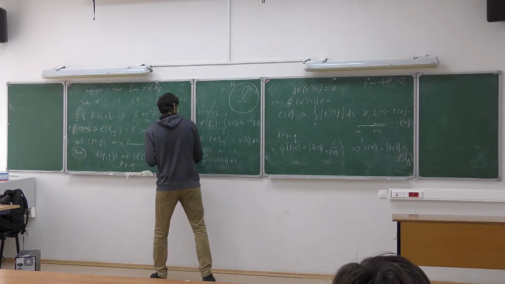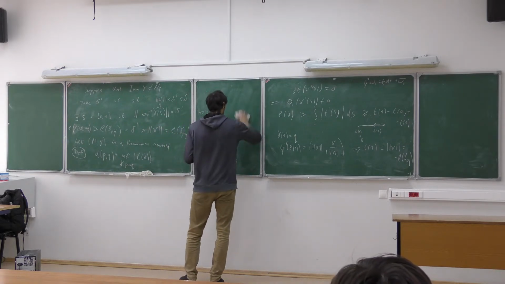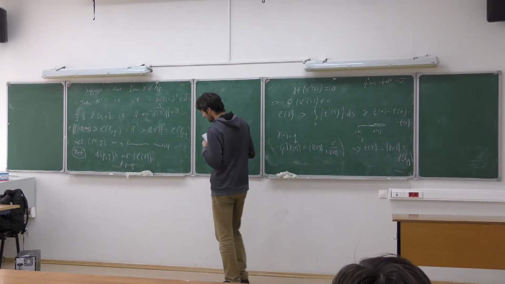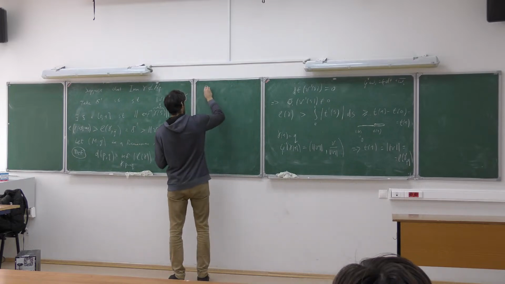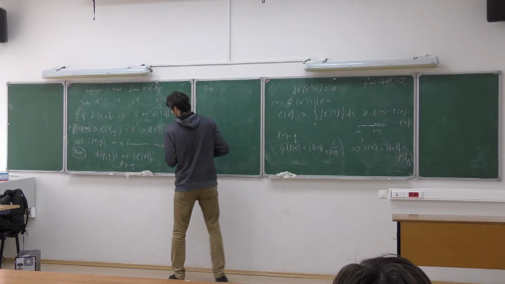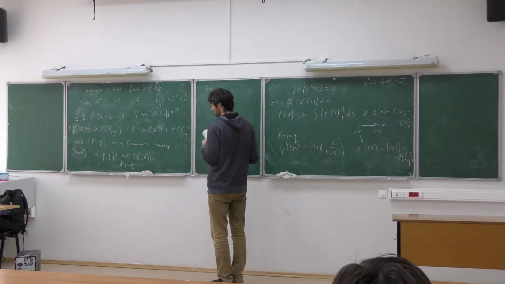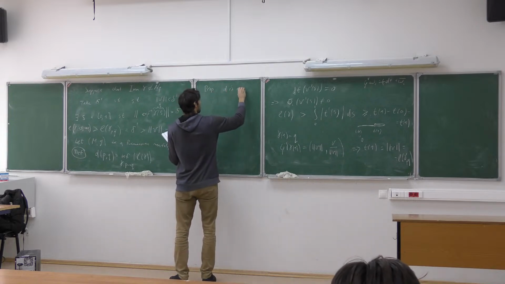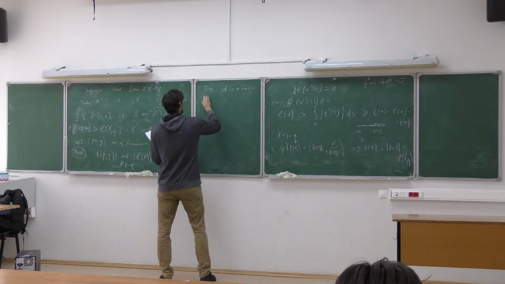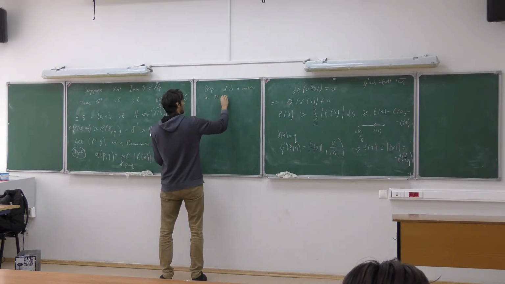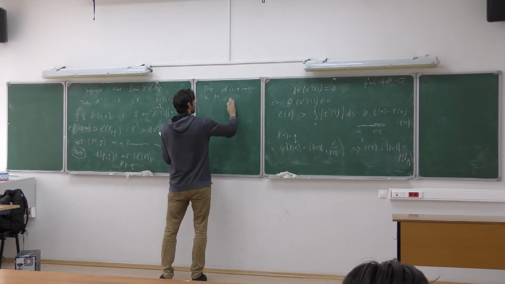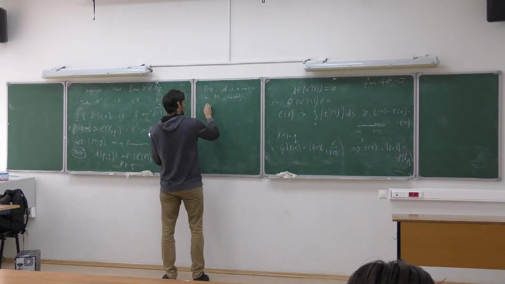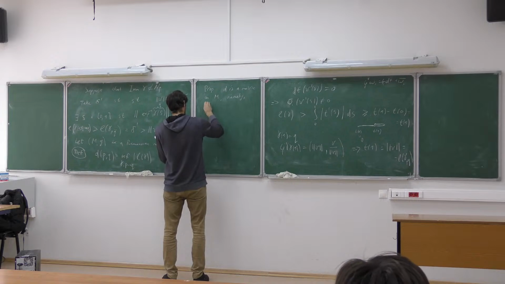And the statement is the following proposition: D defines a metric on M. Namely, we have the following properties.